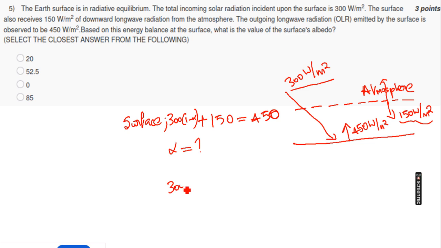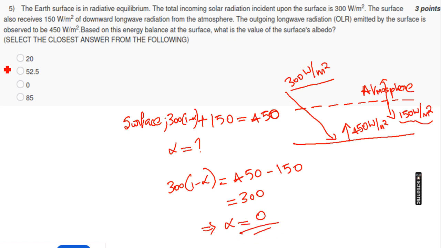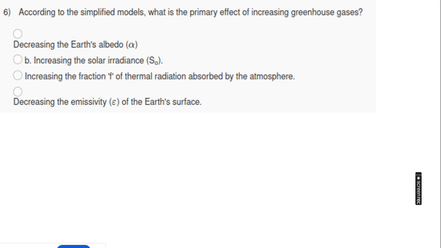It will be 300 into 1 minus alpha is equal to 450 minus 150, which will be 0, which means the value of alpha will be 0. That is the correct answer.